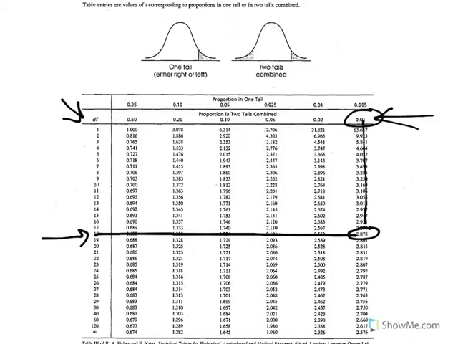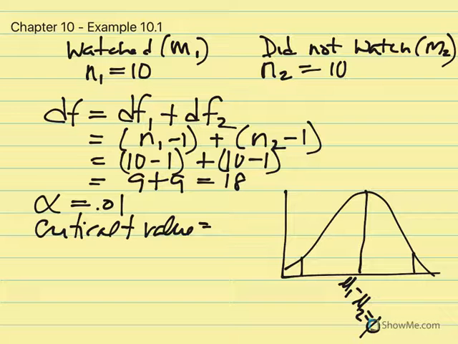And we find that our critical t is positive negative 2.878. So now we can identify the critical region set by negative 2.878 and positive 2.878. And we'll come back to this diagram after we calculate our t statistic.